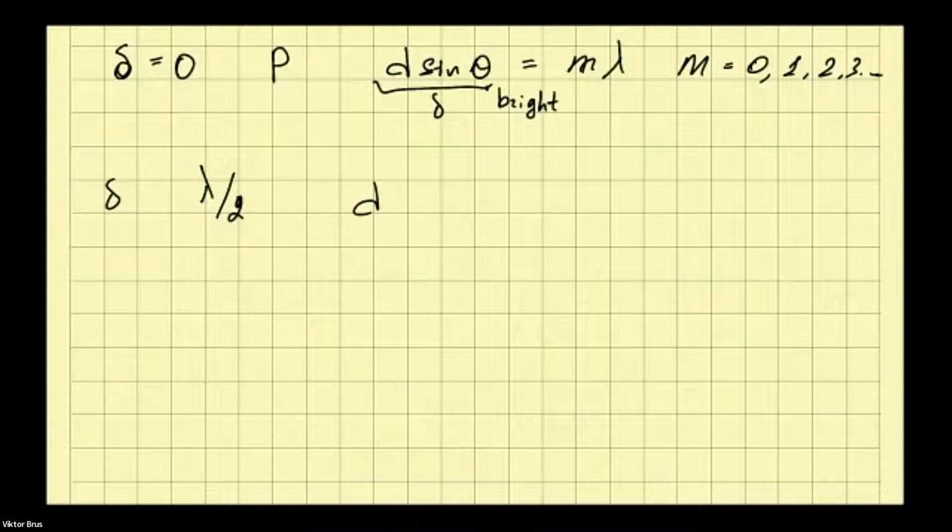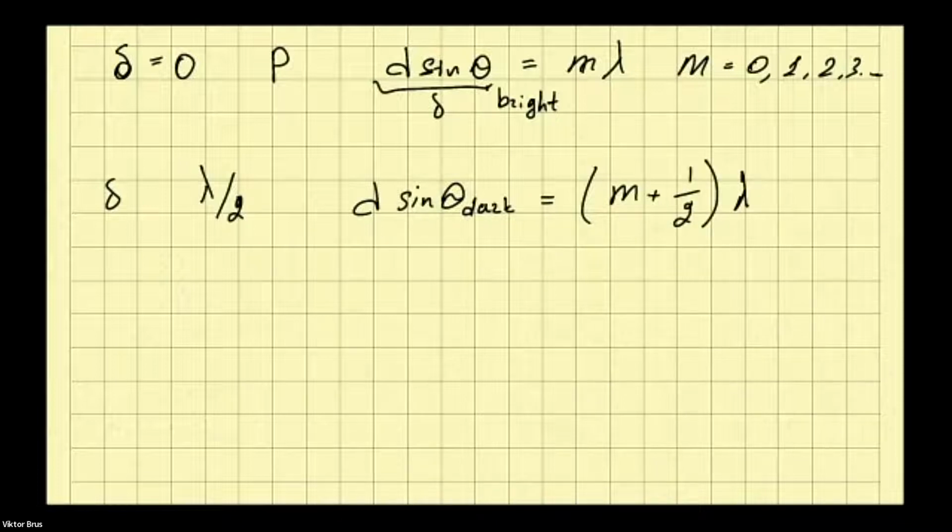And here we can write d sine theta dark equal to m plus 1/2 times lambda, where m also changes from 0, 1, 2, 3, and so on.